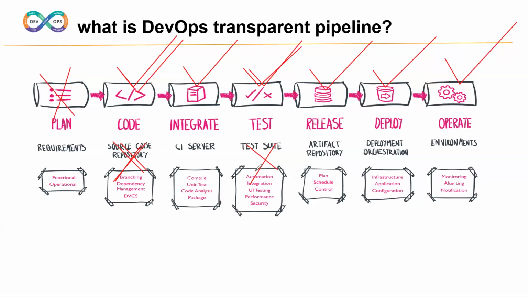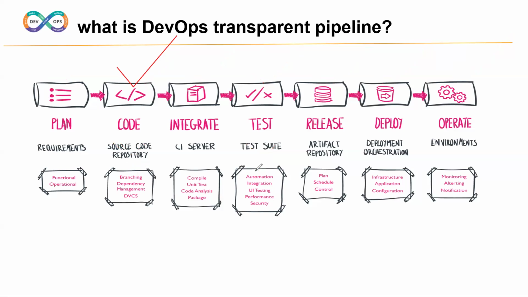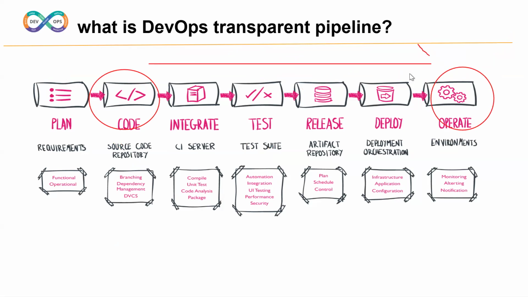Sir, what exactly are we doing in this process? Our job is to implement an automated DevOps transparent pipeline from dev environment to operations. Clear.